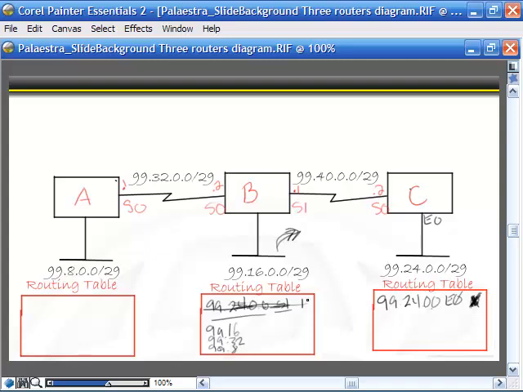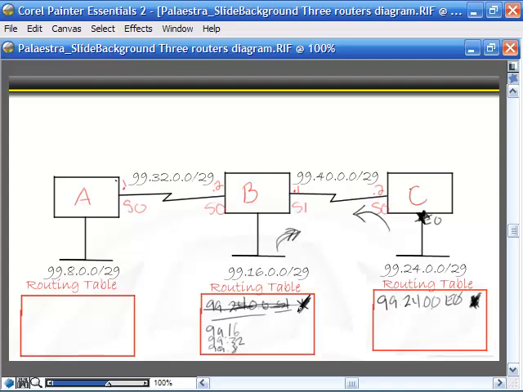What the poison reverse does, the split horizon with poison reverse, is C will mark this as down if this goes down. And he's going to tell the other routers that this path is down. So he'll tell B that it's down.